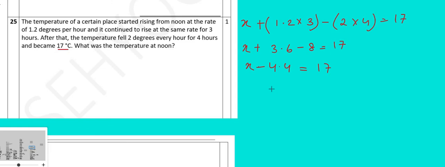Now adding 4.4 to both the sides of the equation, we get x is equal to 17 plus 4.4, which is equal to 21.4 degrees Celsius. So the temperature at noon will be 21.4 degrees Celsius. So this is our answer for question number 25 here.